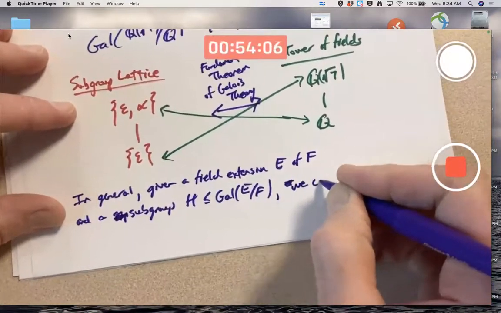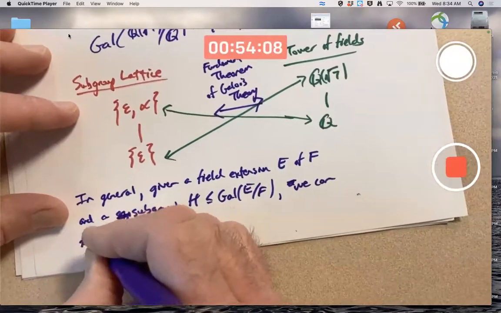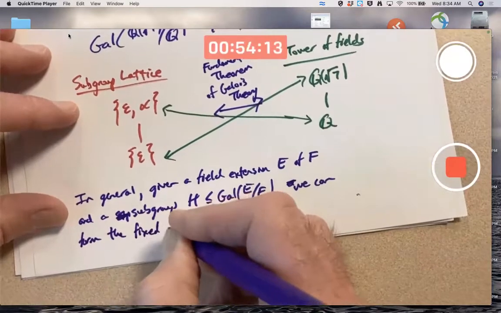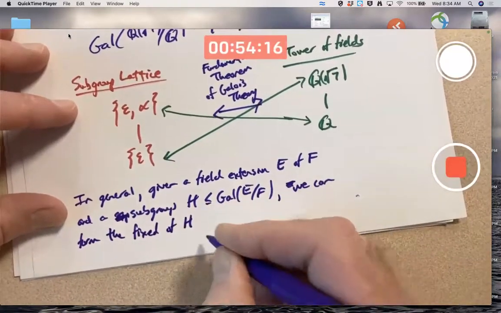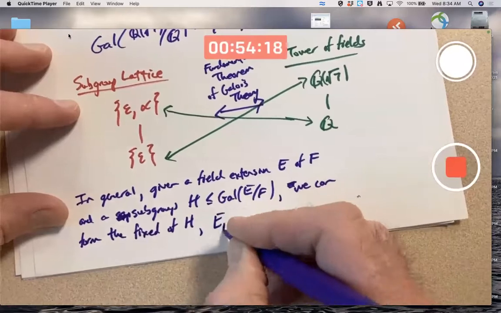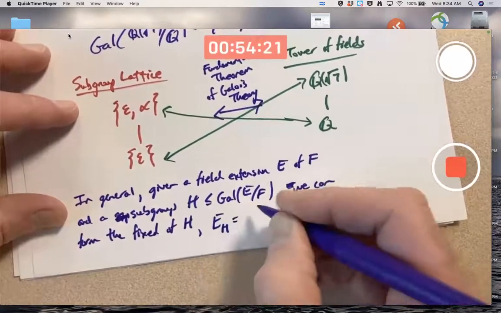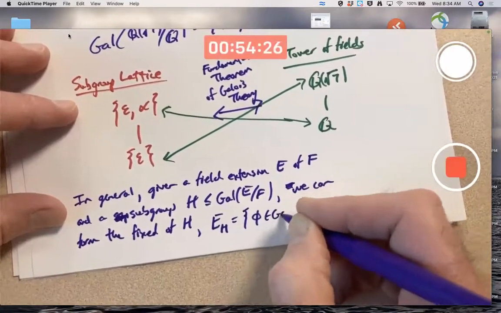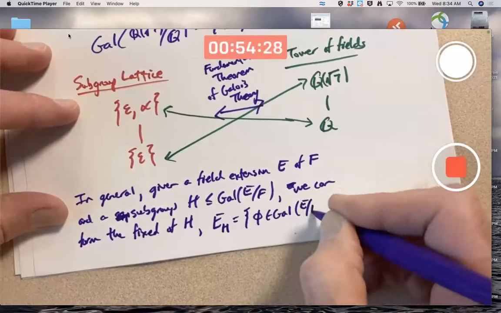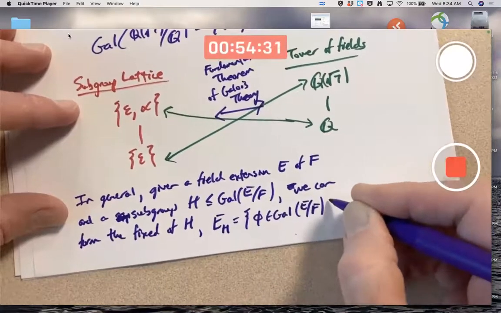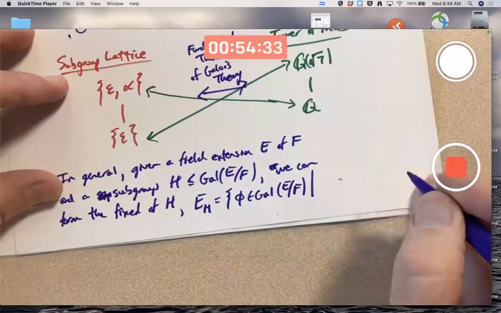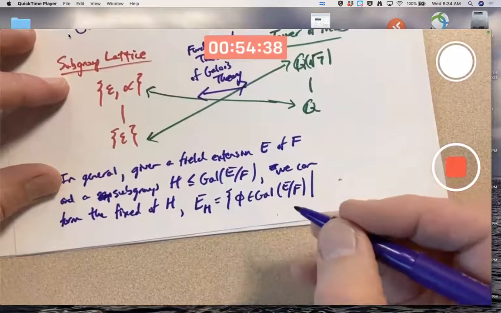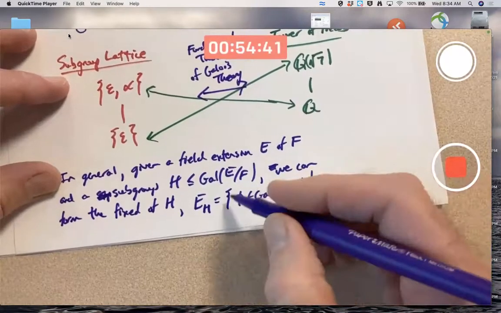we can form something called the fixed field of H, E sub H. It's the set of everything in the Galois group that not only fixes all of F, but also fixes all of H, or excuse me, this is wrong here, sorry.